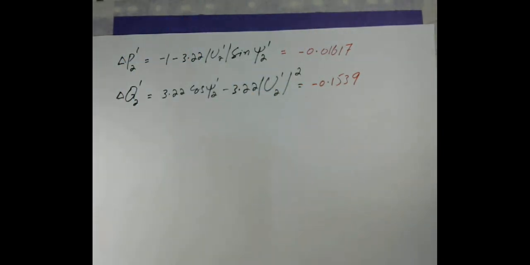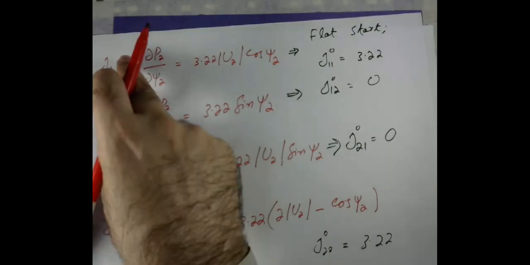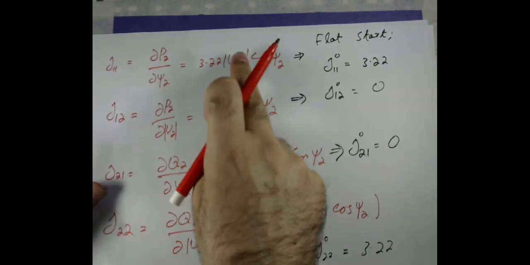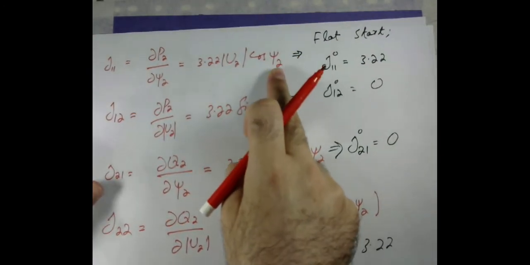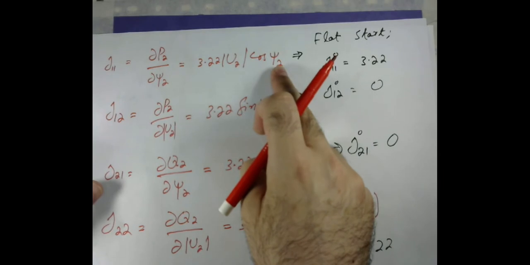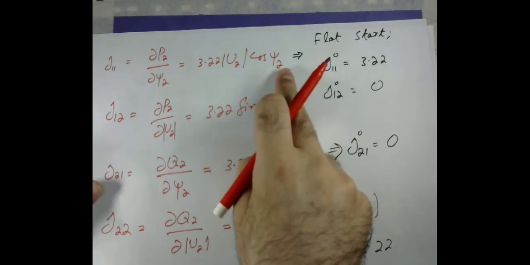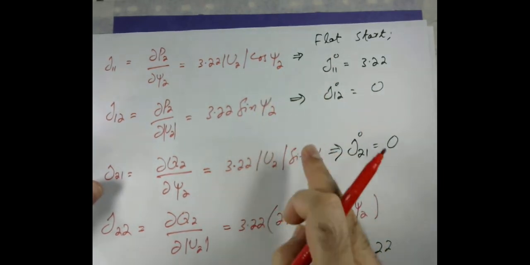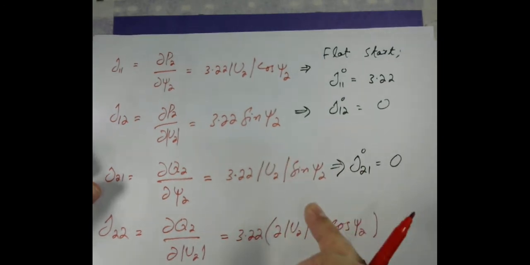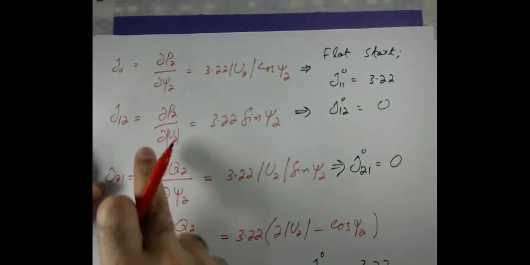The next step is to find the Jacobian matrix, and we know the entries of this matrix are equal to these ones. I will use now not the estimated values but the updated values of the angle and that of the voltage. Putting the updated values, we will get the entries.